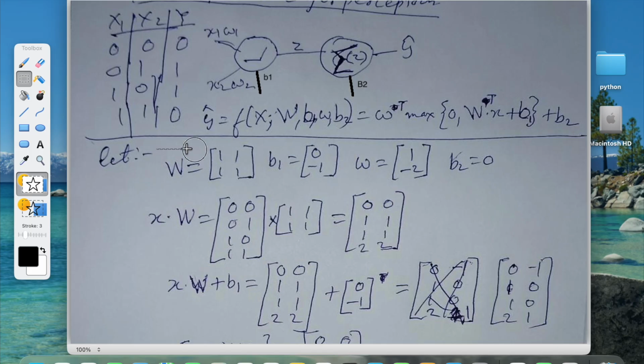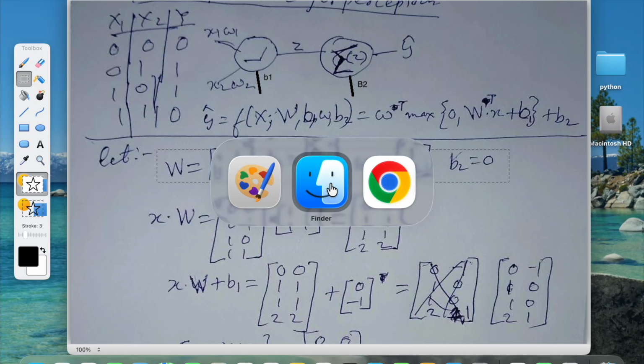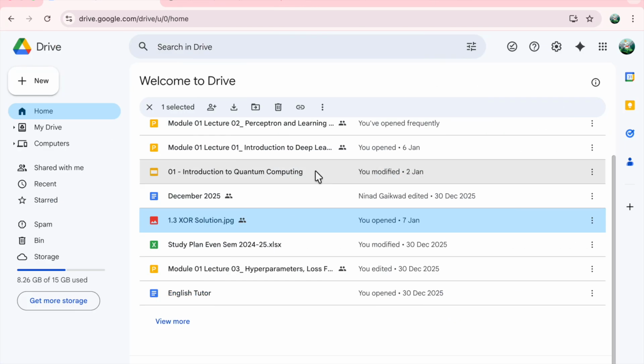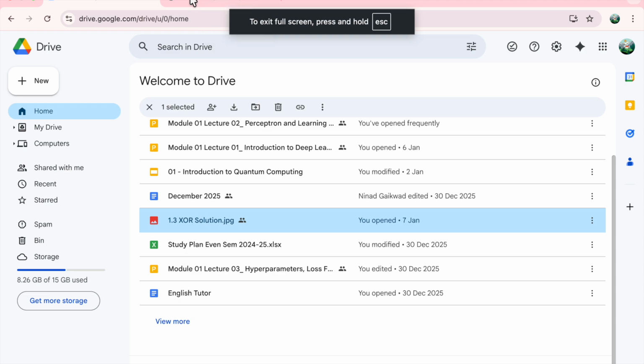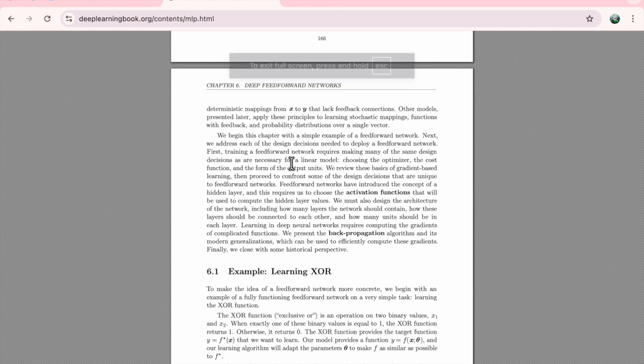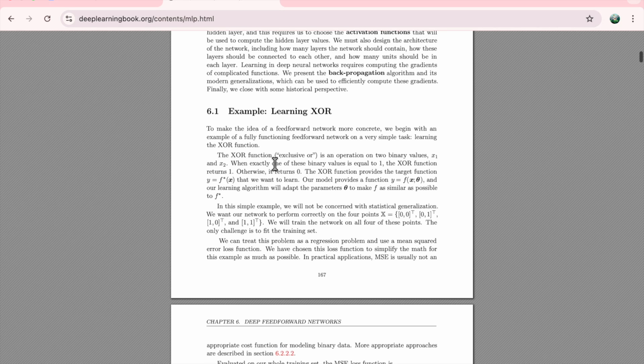Let us consider that we have the solution space. How did I get to this point? You can refer to this particular book, which is deeplearningbook.org. In the contents you will find this. In the sixth chapter there's the example of XOR.